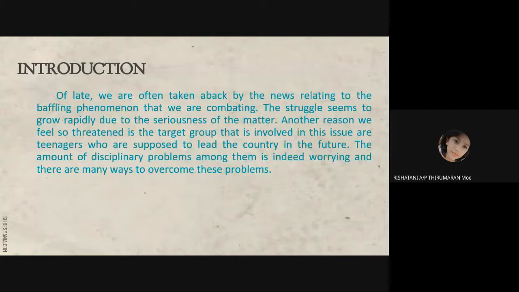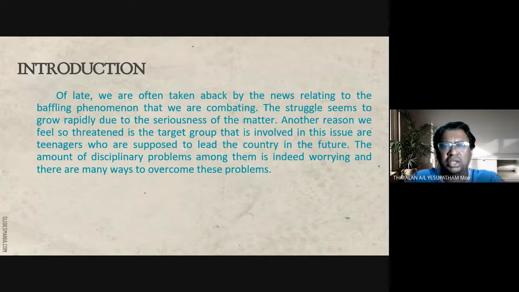Another reason we feel so threatened is the target group that is involved in this issue are teenagers who are supposed to lead the country in the future. The amount of disciplinary problems among them is indeed worrying, and there are many ways to overcome these problems. Great. Thank you very much.